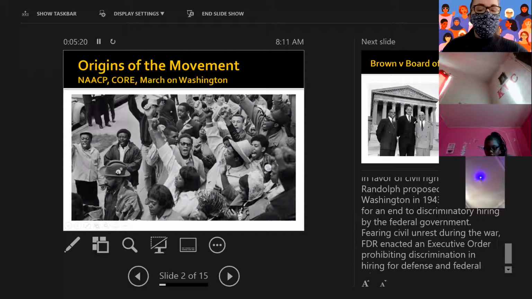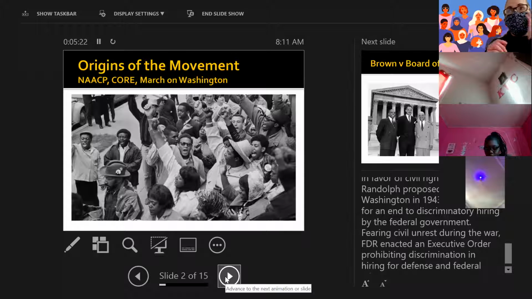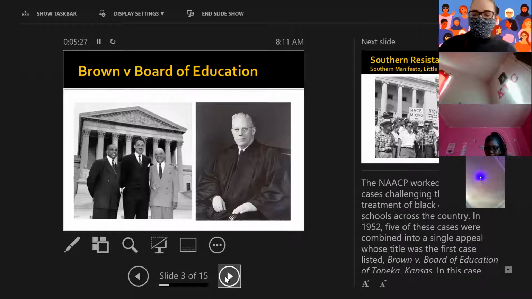So again, these are the seeds for the civil rights movement that we commonly refer to, and we're going to cover today.